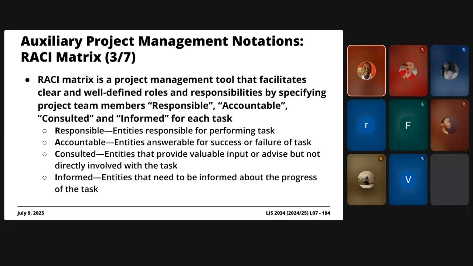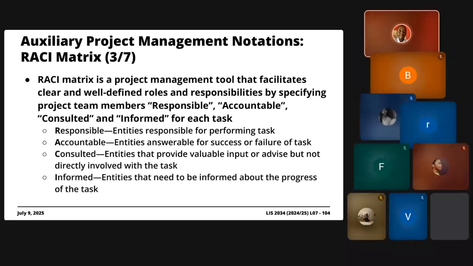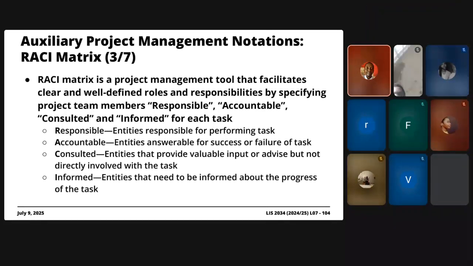So, for instance, if you've identified one project team member to be the one who is going to submit the proposal, that person is the one who's going to be performing the task of uploading the proposal. The other question I've got to answer is, in the event that that person fails to upload the proposal, who is going to be accountable?